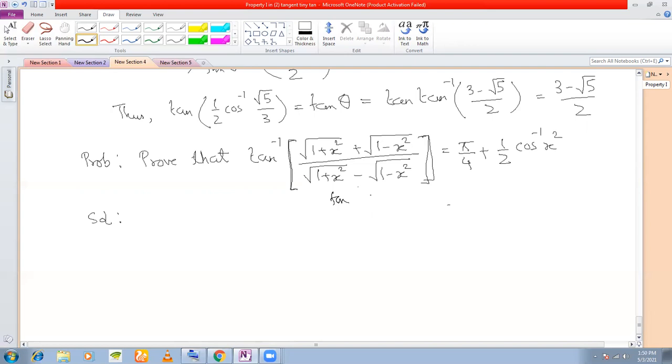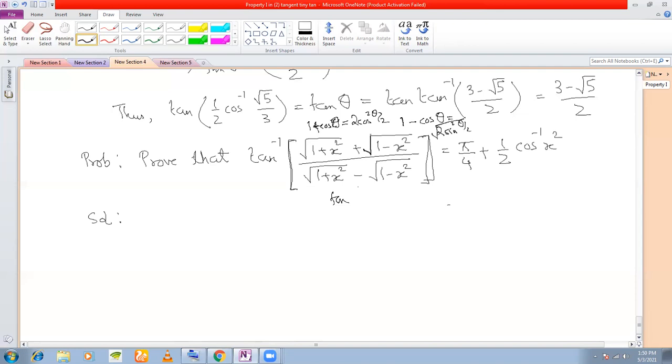I should take it because if I can have 1 plus cos theta here, then 1 plus cos theta is 2 cos square theta by 2. And if x square is equal to cos theta, then I'll get 1 minus cos theta, that means 2 sine square theta by 2, which will be under the radical, because there is a radical sign here.